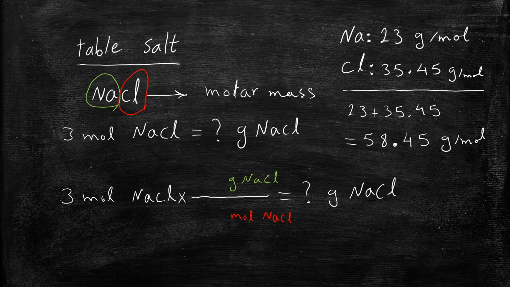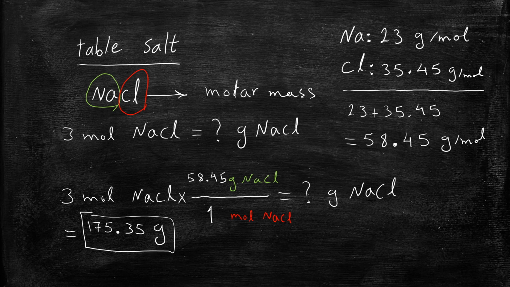We know that 1 mole of NaCl is 6.02 times 10 to the power of 23 molecules of NaCl. How much do they weigh? 58.45 grams of NaCl. So we have our conversion fraction. You just multiply 3 by 58.45 and you have your answer. So I got 175.35 grams. That's the final answer. 3 moles of NaCl weighs 175.35 grams of NaCl.